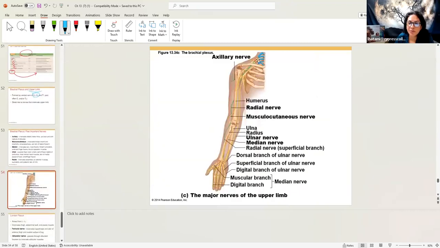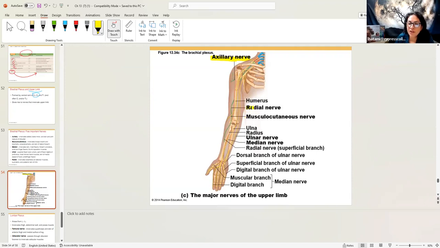Again, if you look at this picture, these ventral rami make our brachial plexus, and then the brachial plexus makes these different branches. I want you to know this name, the axillary nerve, which is found around the neck of the humerus, and it innervates the muscles around the shoulder.